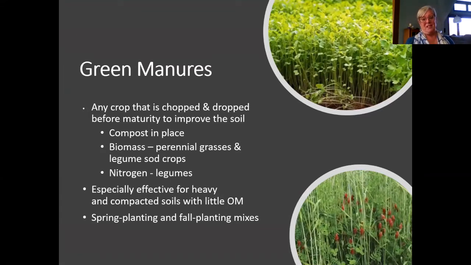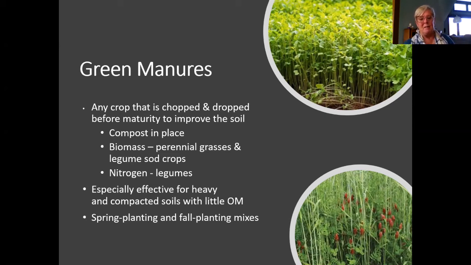Green manures are also very beneficial, and it's any crop that's chopped and dropped before it seeds. You can let it flower, but before it seeds is traditionally the way that's done. The roots themselves help with soil life. And then once it's cut off, the matter decomposes and provides biomass to all the soil organisms for them to ingest and incorporate into the soil.